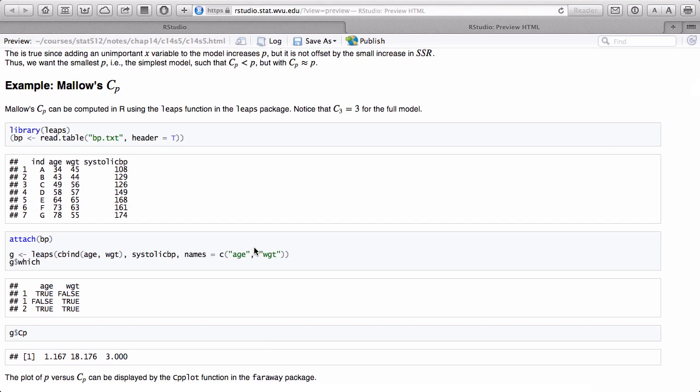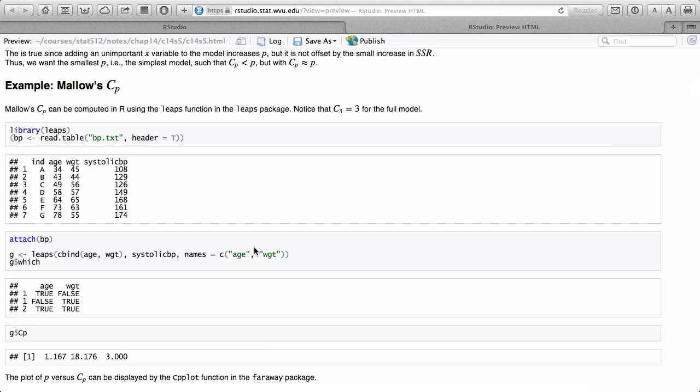Then you can fit x1 by itself, x2 by itself, x3 by itself.